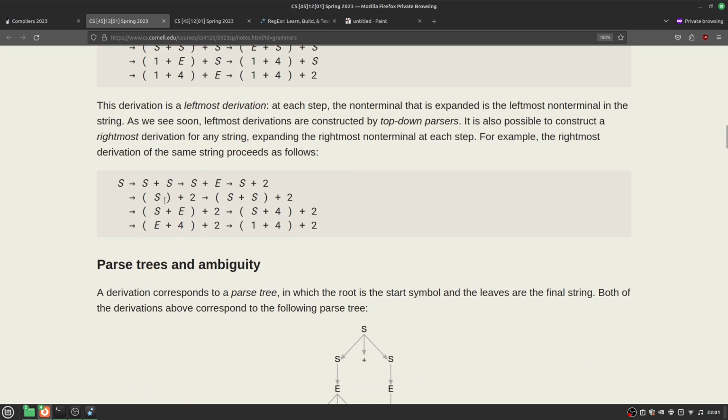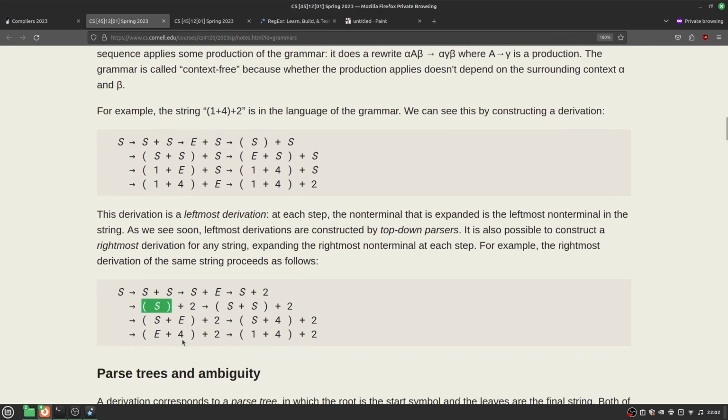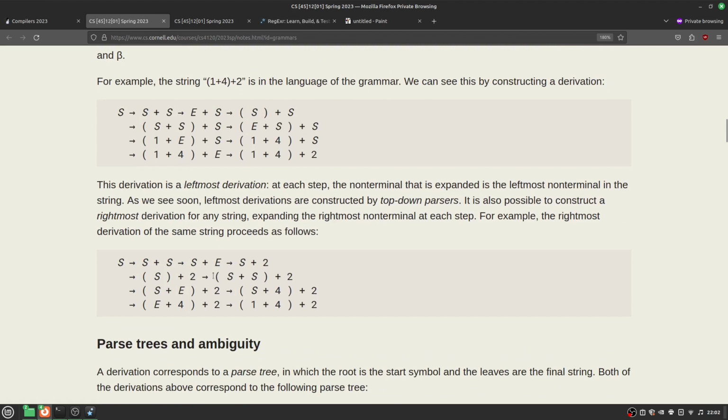So we sub that in, plus 2, then we expand that to S plus S, then we know that S can equal E, and we know that E can equal some literal, and then finally we finish the last one off. Cool.